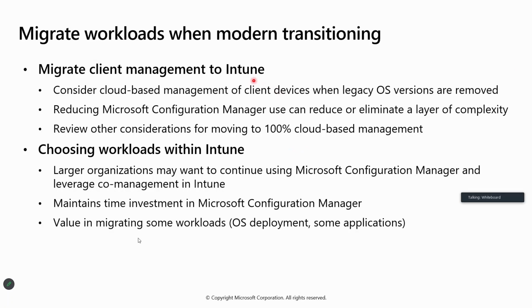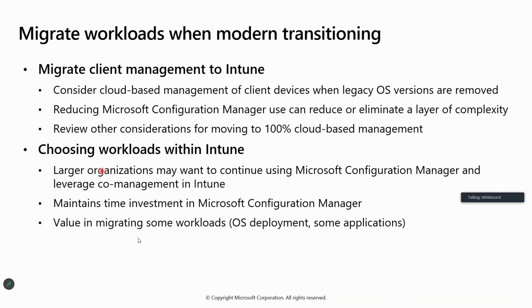So what they're saying over here is if you're a smaller organization, you don't have a huge on-premises setup. You might be using Config Manager for some stuff, or maybe not using it at all. Then, if you start to move stuff into the cloud, maybe you can go 100% cloud-based.